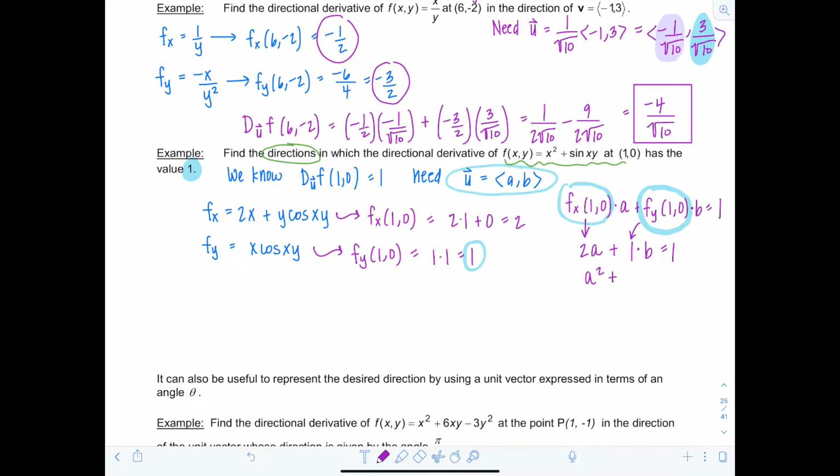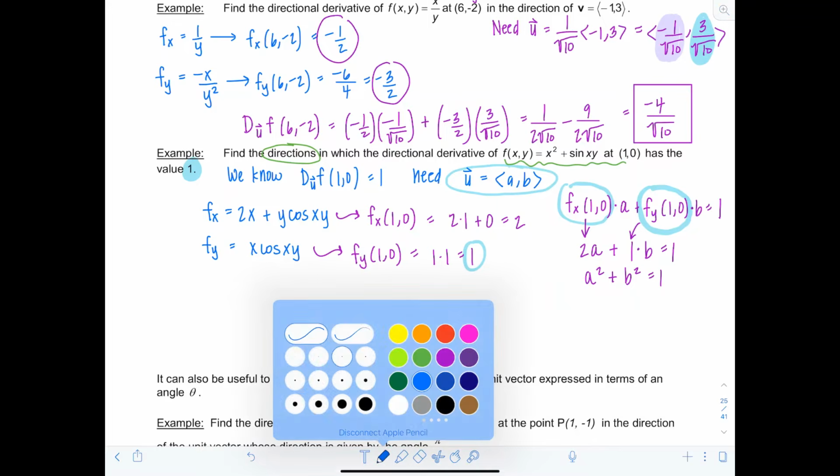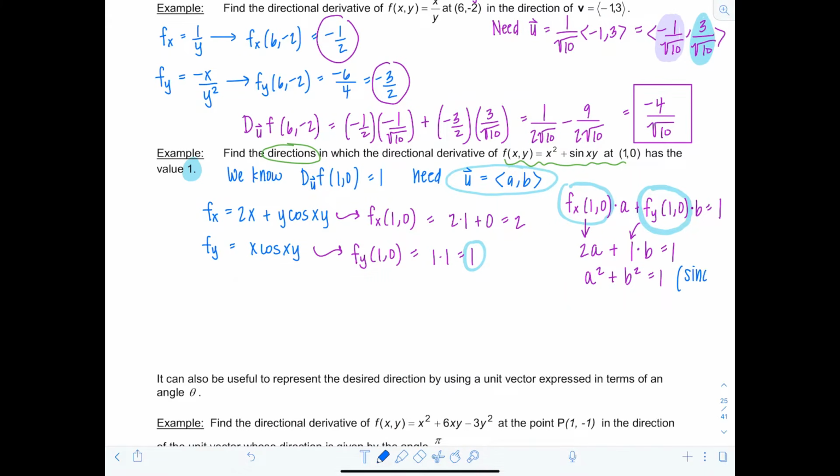Therefore, a squared plus b squared has to equal 1, right? Since u is a unit vector. So now I could put everything together and just solve by substitution. So I have this cute little system of equations here.